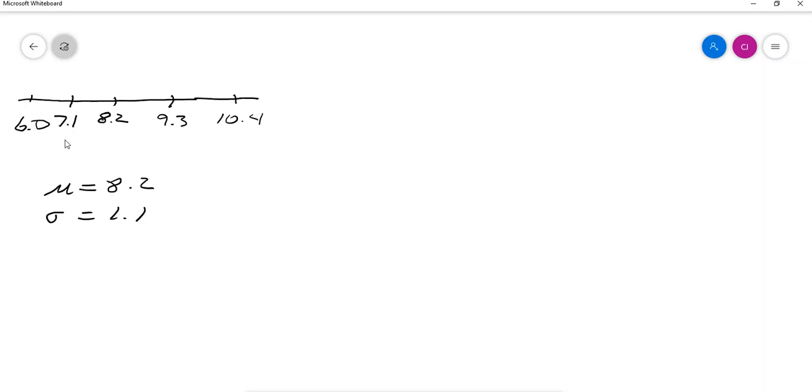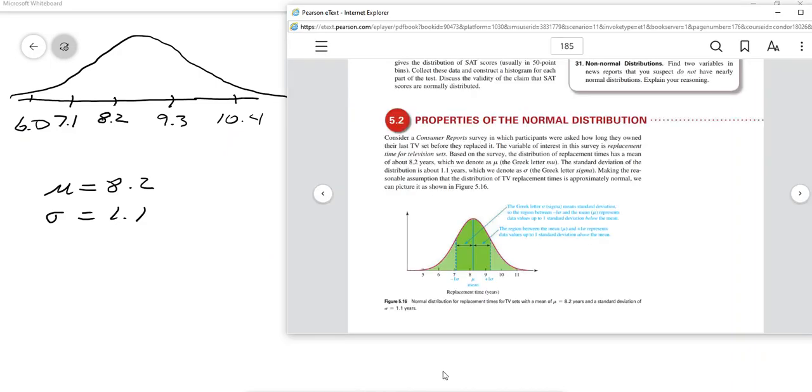By knowing the mean and the standard deviation, we know that most of that distribution is going to be in here. So we've captured a large part of this, from 6 to 10.4. Those things we were talking about are replacement times in years for TV sets, right? So now we can look at this distribution.